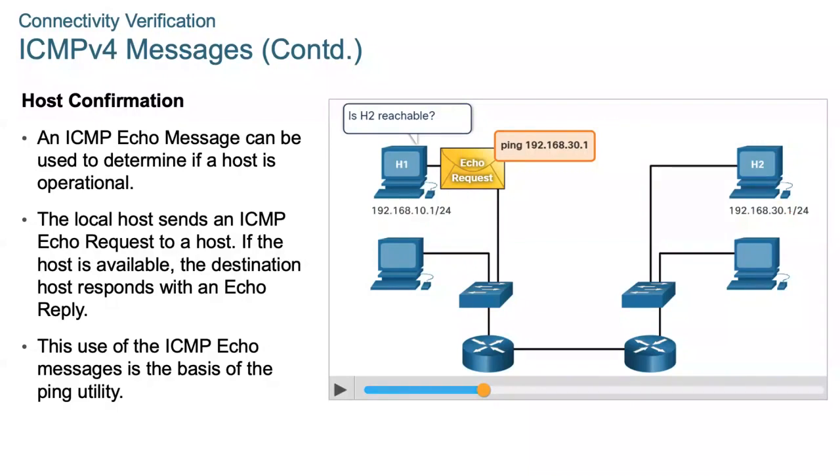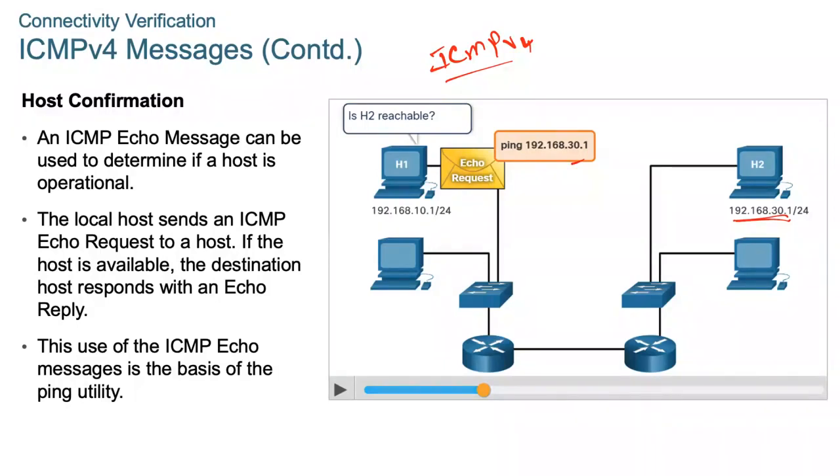So in this case, there are two different networks. One is 192.168.10, another one is 192.168.30. To check it out, host 1 is trying to check whether host 2 is reachable or not. For that, host 1 uses an ICMP version 4 control message packet, and in that packet it will try to ping the host with its identity, 192.168.30.1.